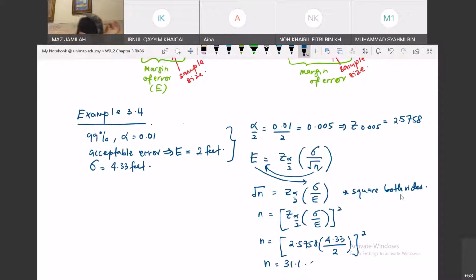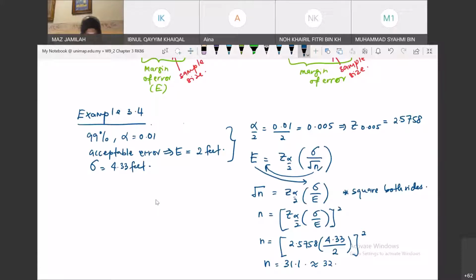In this case, we are going to approximate, so it becomes 32. So the sample size needed for this particular investigation will be 32 measurements of the river depth in meters. So you need to find 32 rivers, and you are going to measure the depth. That will be example 3.4.